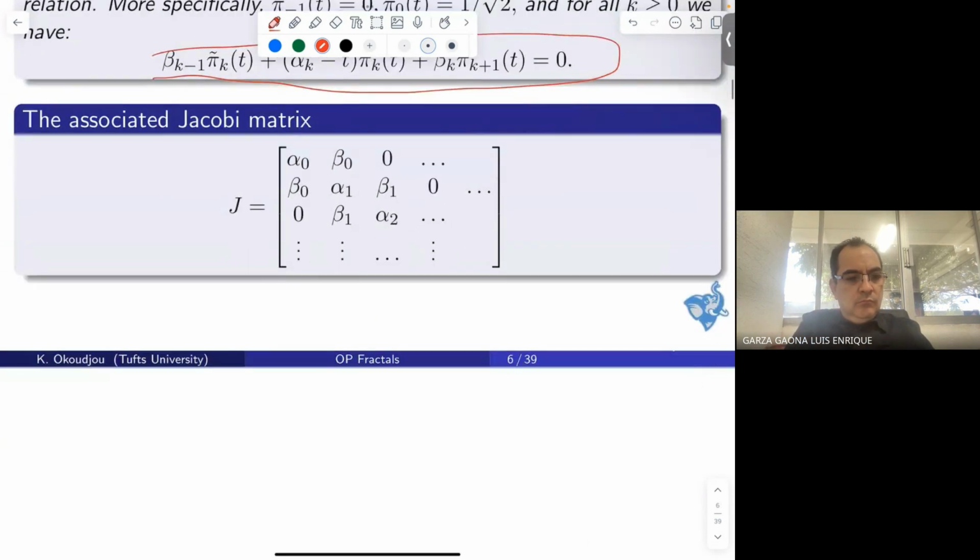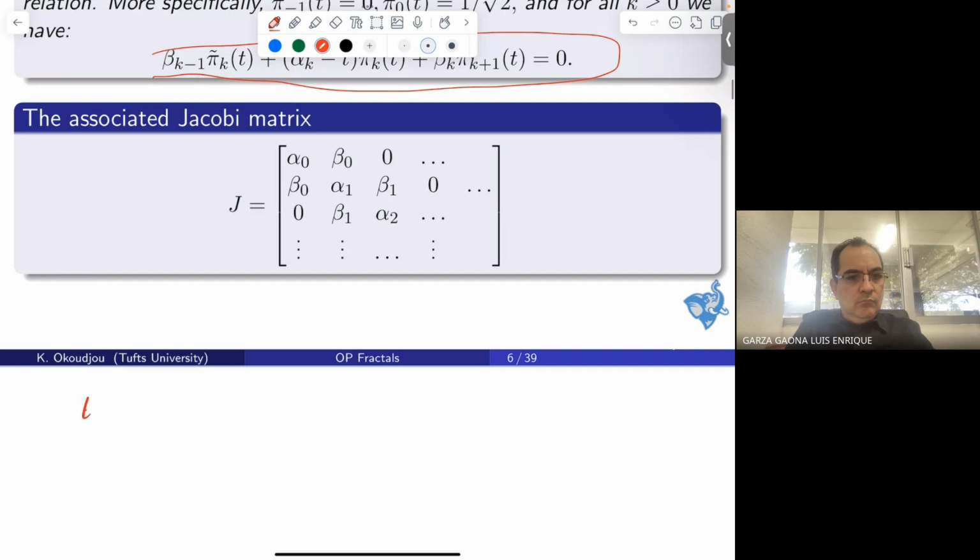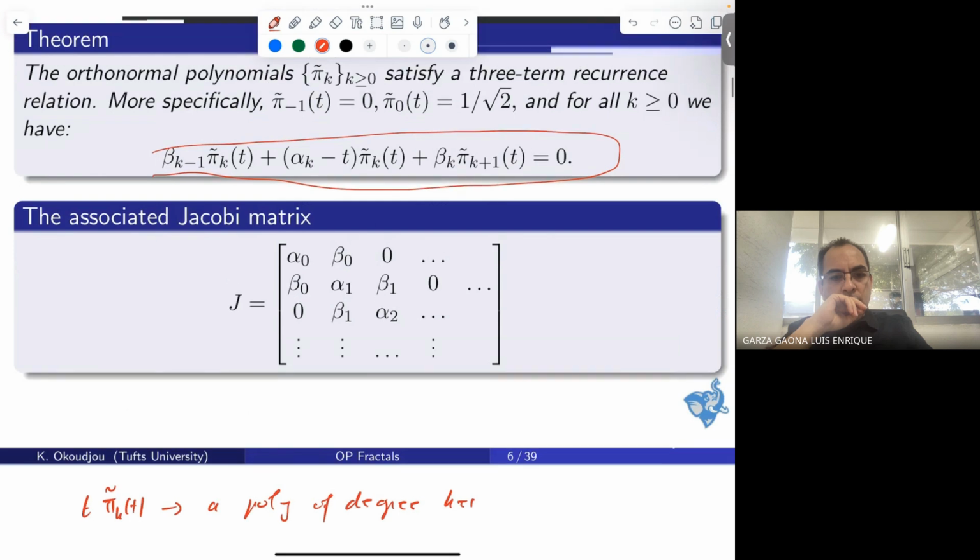So a good way to do it is just to look at the polynomial t multiplied by pi tilde k of t. This is a polynomial of degree k plus 1.